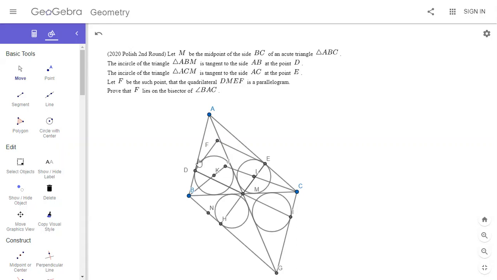So I wonder if there's something like with spiral similarities. I'm just trying to think. So I feel like I'm thinking trigonometrically. So maybe like we have sine BAF over DF is sine EAF over EF.